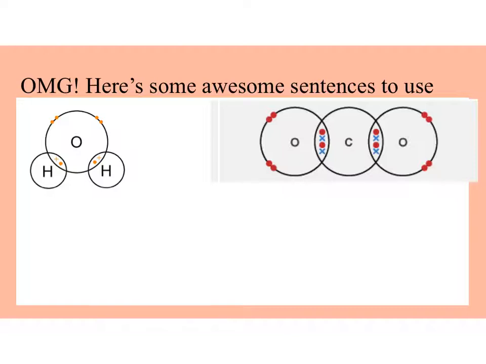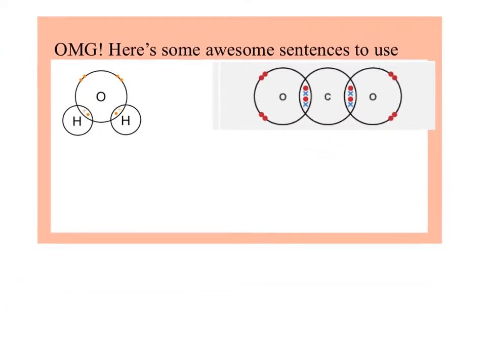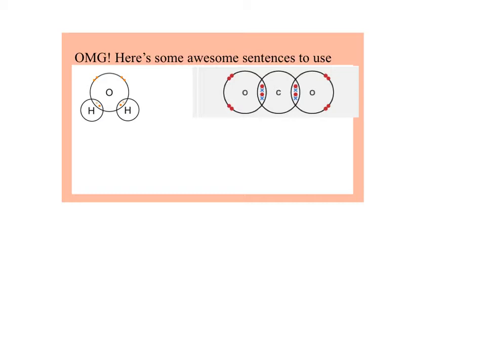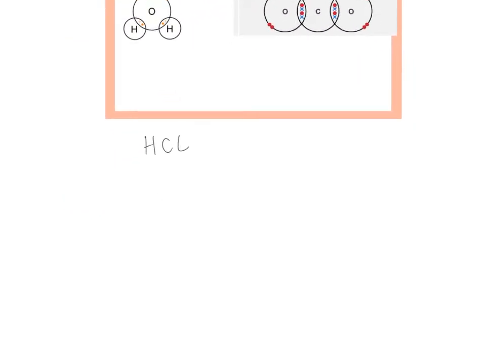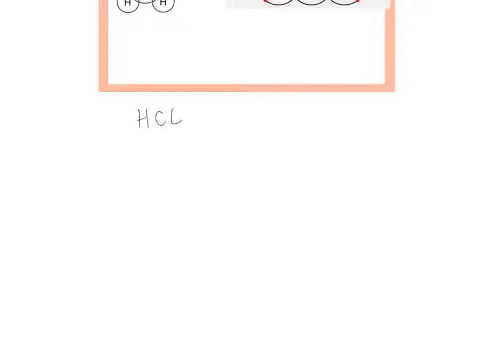So what I am going to do now is have a go at recapping, demonstrating how to covalently bond. I want you to imagine that they said to you, show the covalent bonding in HCl. So what atoms have you got?